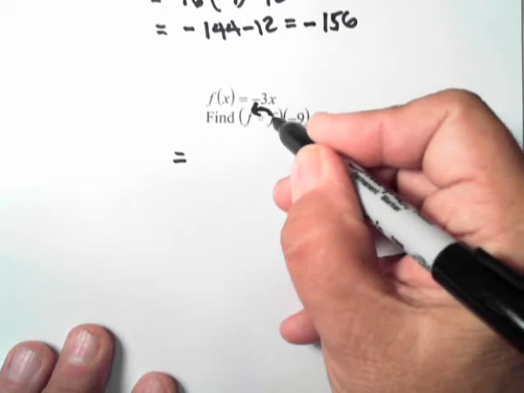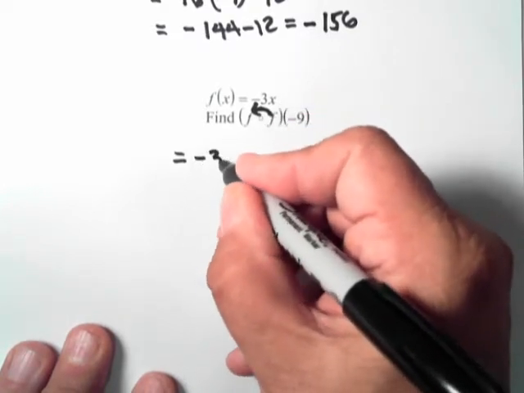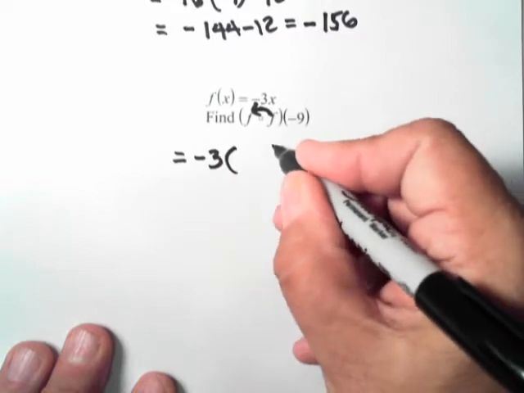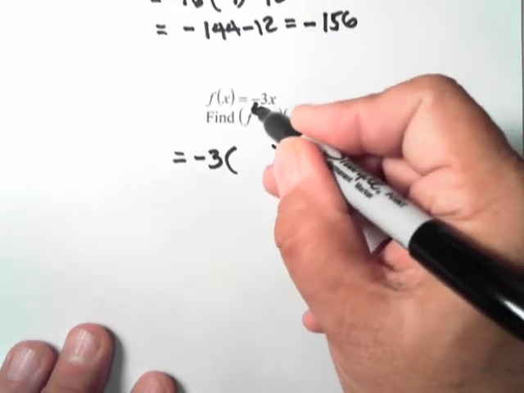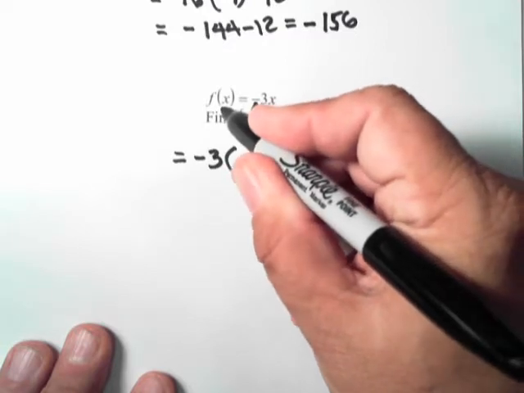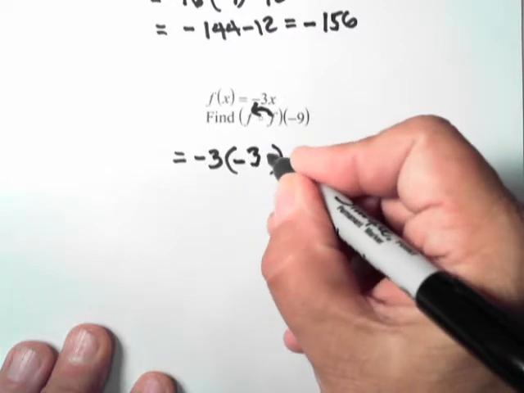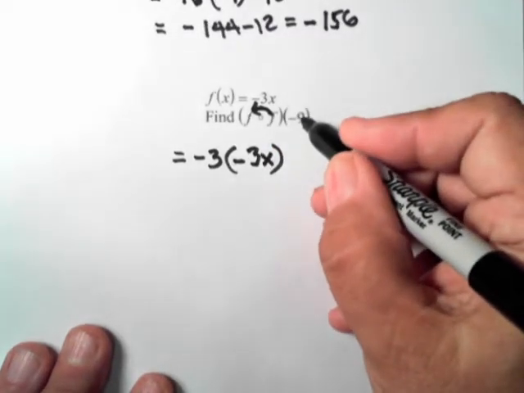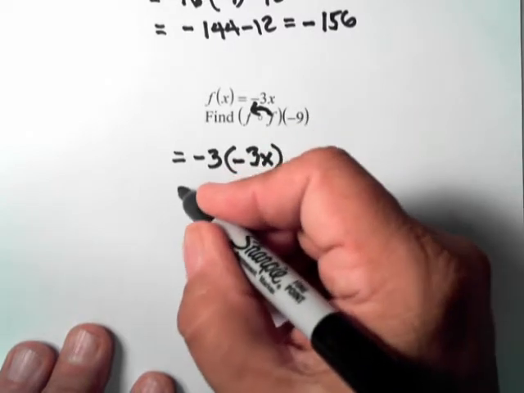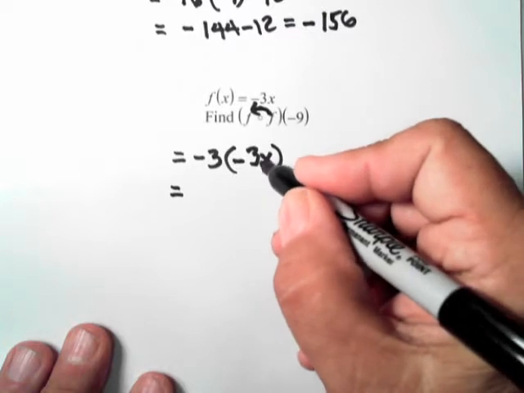Once again, starting out with the first function, negative 3, but now of course I make a set of parentheses for the variable. I'm going to substitute the second guy in, who happens to be the first guy. Okay, so negative 3x, and of course we want to find this again for a number, and the negative 9 shows up again here, but we had to keep the variables to do the composition first.